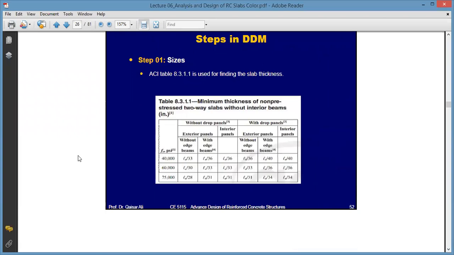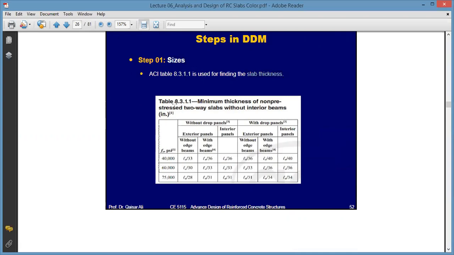Now, the first step in the direct design method is sizes or dimensions. How to take dimensions? This is a slab, so you will need to assume the slab thickness.